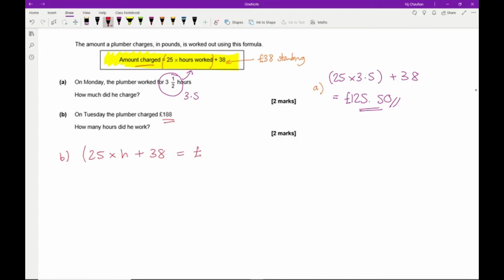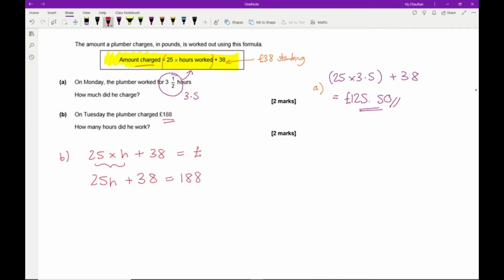Now, I don't need to put brackets around that just yet. Now h is what I'm trying to find. Now the pound sign, well, I know that's 188, so I could write this as, now using algebra, another way of saying 25 times h is 25h plus 38 equals 188.